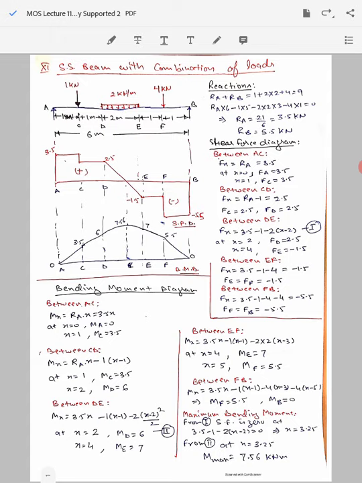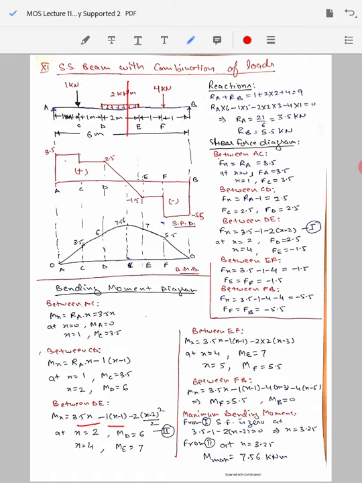Now when we go to the span DE, there is a uniformly distributed load also acting. So if you assume the beam to be cut anywhere between these two, the reaction RA and 1 kilonewton will be the same as in the previous equation, so I am not repeating those things again. So you still get 3.5x minus 1 into x minus 1. But apart from that, there will be a moment because of this uniformly distributed load.